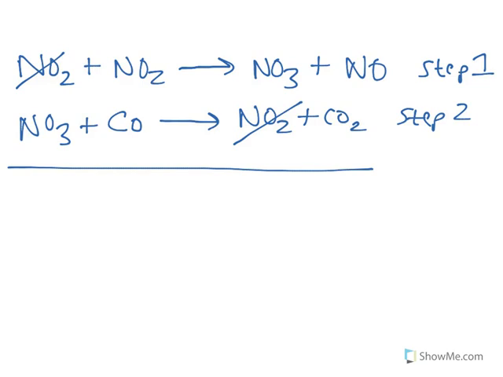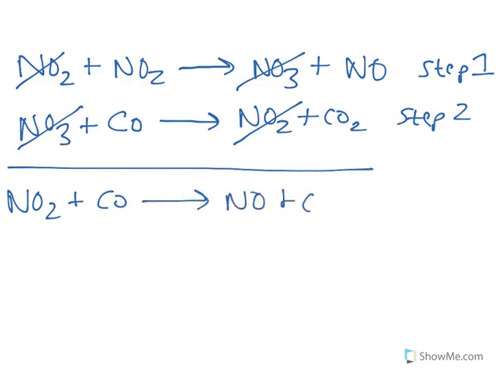Then on the left, I've got an NO3 here and an NO3 here. And anything that makes it through, just drop it on down. So we get NO2 plus CO gives us NO plus CO2. And this is what we call the overall equation, or overall reaction.